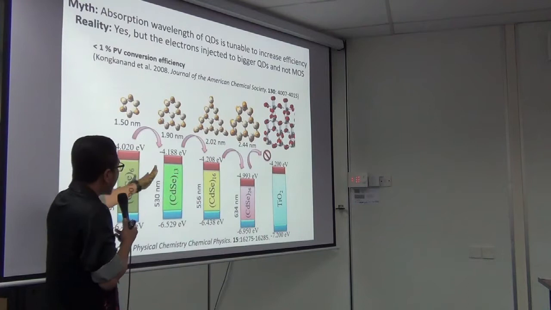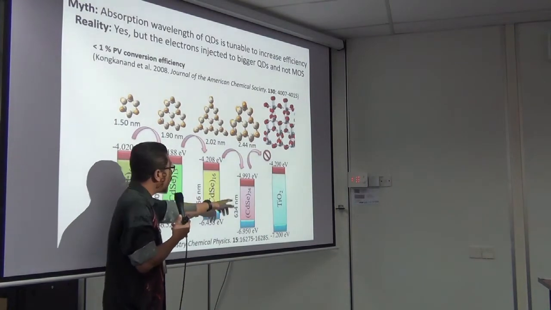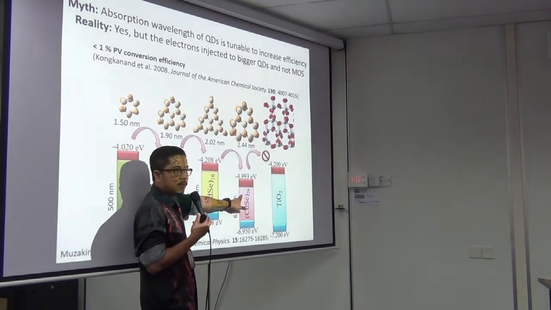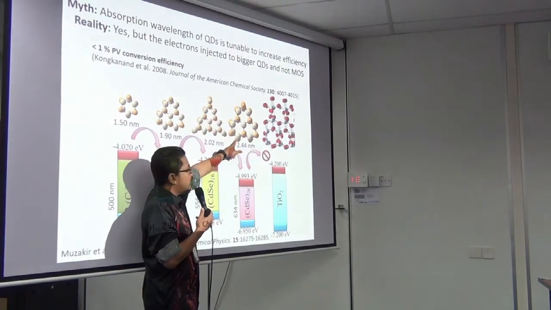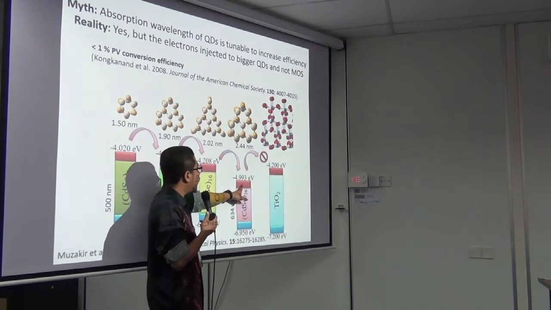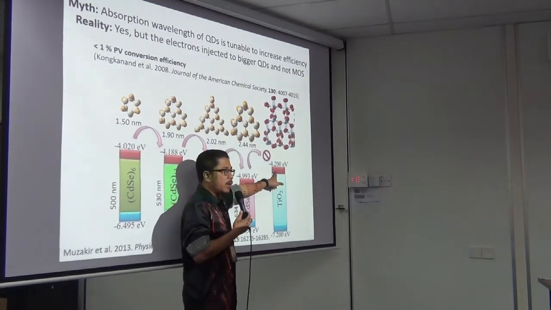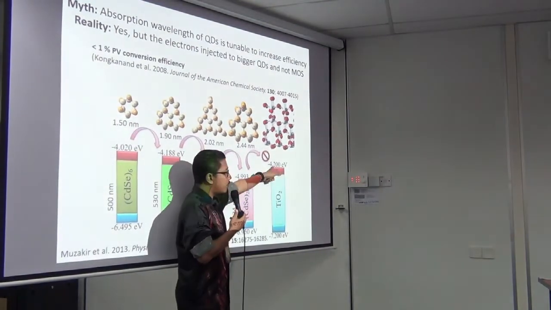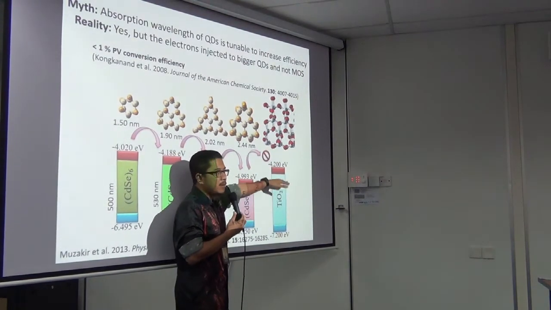We have this much of energy level. If we align them, it shows that we have a drawback over here. This size is the problem. It has a lower LUMO than the conduction band of TiO2. How is the electron going to be injected over there? This is energy level misalignment.